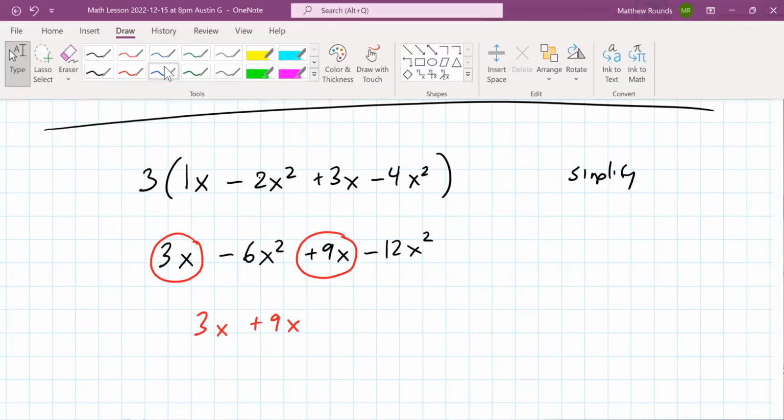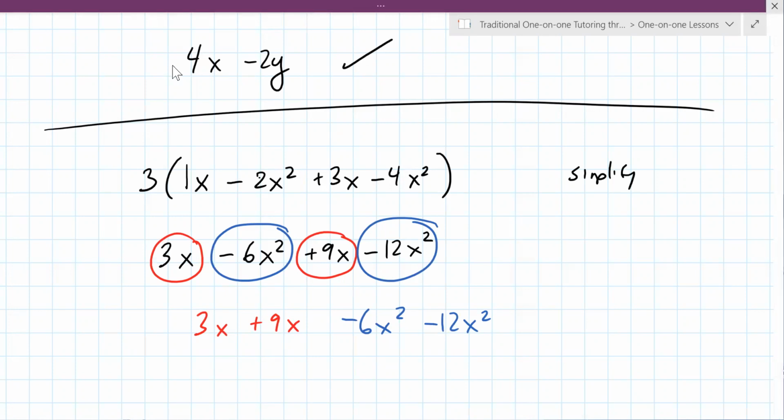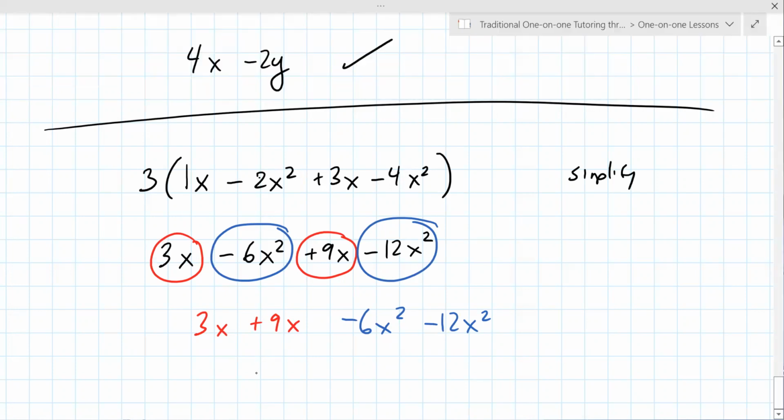But this minus 6x squared and this minus 12x squared have a power of 2. That's why they can be combined. Now you might think, well, they both have x's, and yeah, that's true, but there are slight variations on each other. This is 12x, this is minus 18x squared. So they have to be exactly the same to be able to combine them.